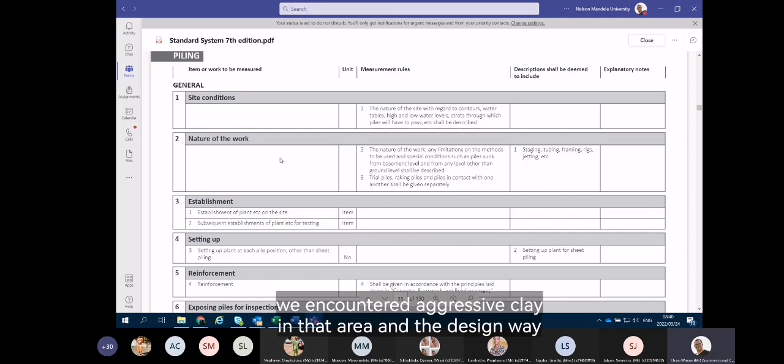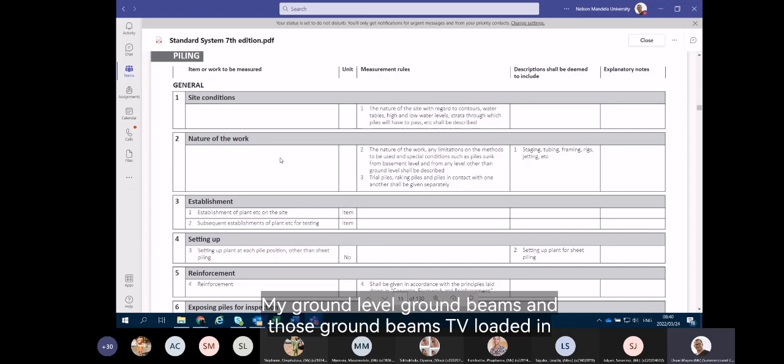And we encountered aggressive clay in that area. And the design there was that we would have piles, and some piles would go down to 15, 16 meters. And on top of each pile, we would have a pile cap, dependent obviously on the load that was transferred. And we also would have ground beams that would be cast 150 millimeters above natural ground level.